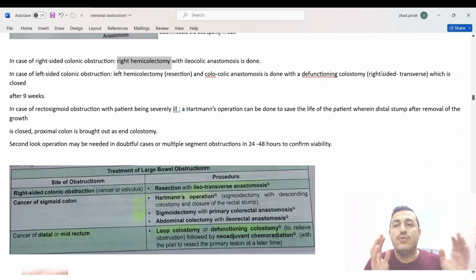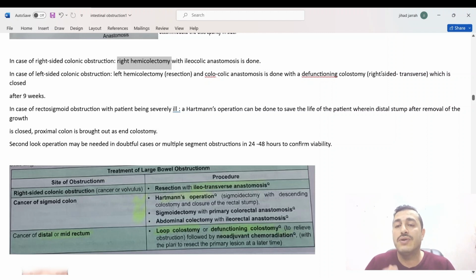So when we do an emergent operation on the right side of the colon, we proceed for right hemicolectomy with primary anastomosis and everything is fine. If we proceed for surgery on the left side, we have to think about a type of defunctioning colostomy or defunctioning ileostomy.